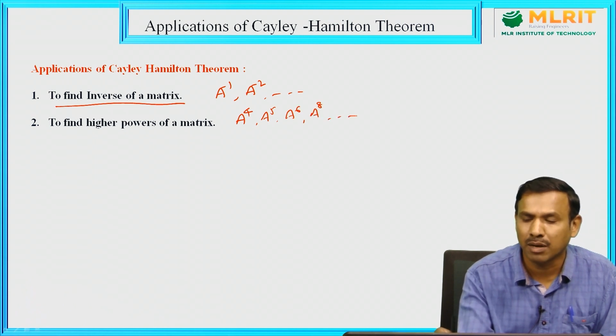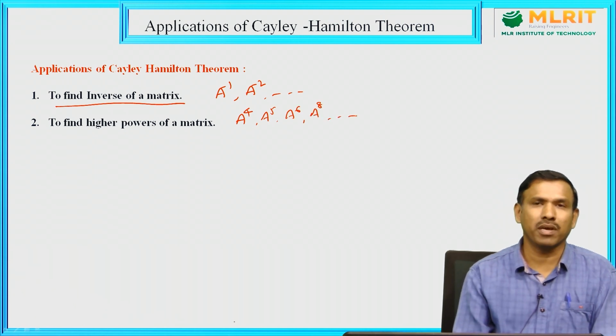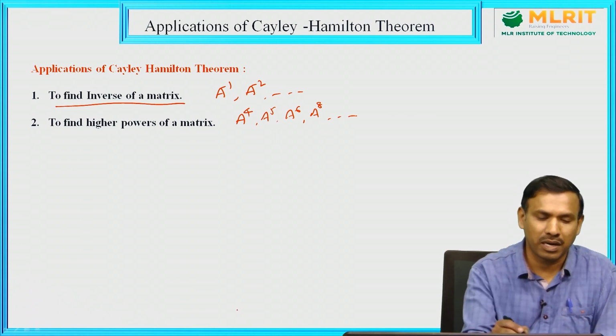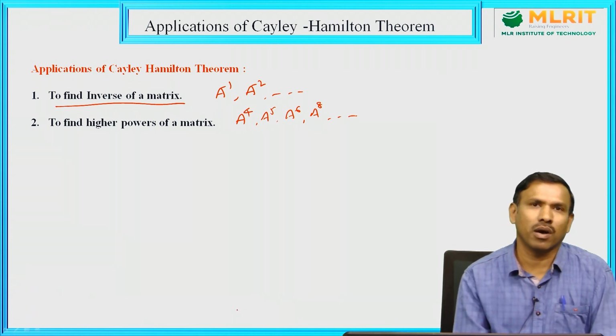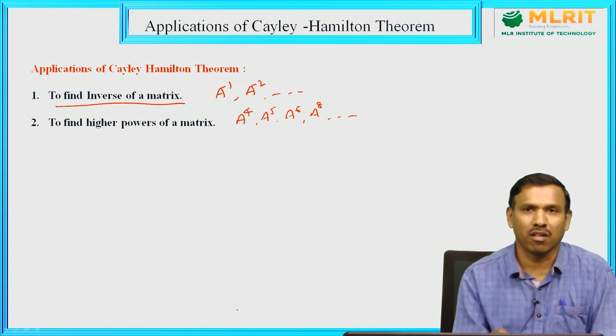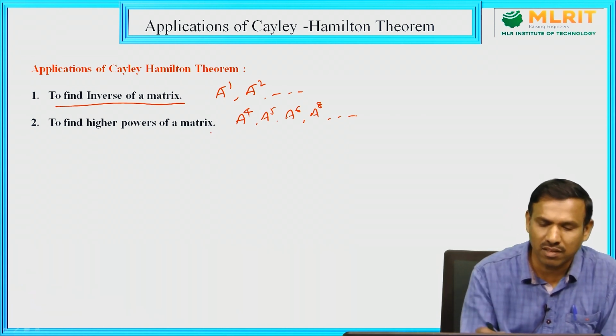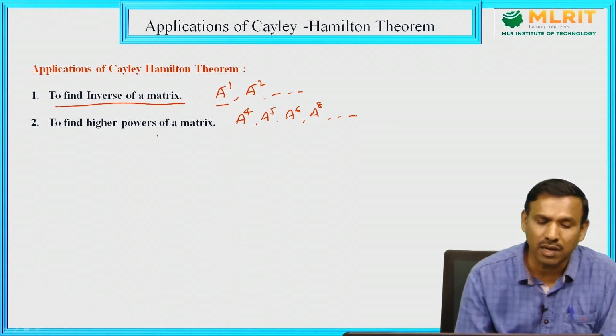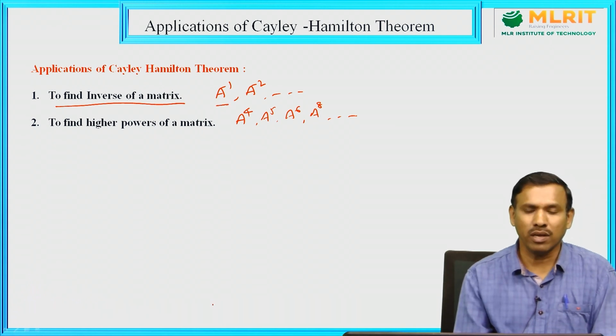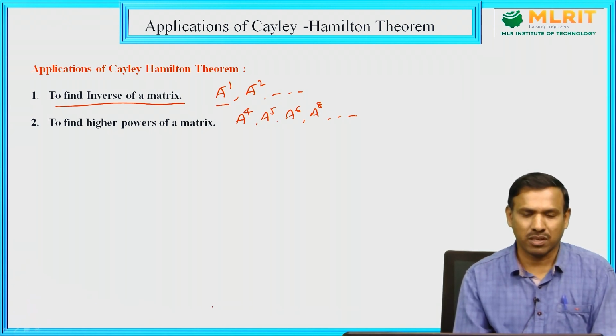These two are the especially important applications. Other than that, we also have expressing a given matrix as a linear polynomial. First we discuss how to find inverses and how to find higher powers of a matrix using the Cayley-Hamilton theorem statement.